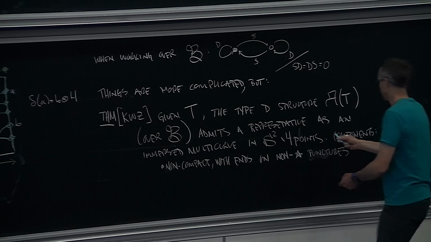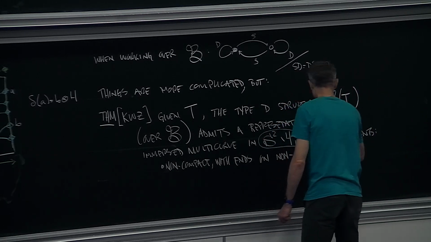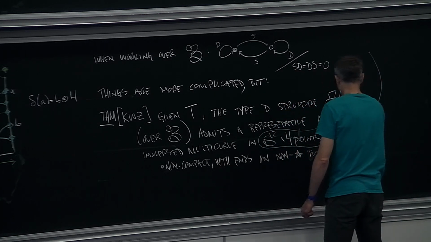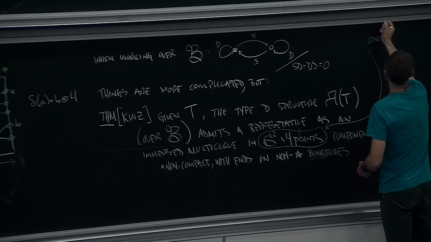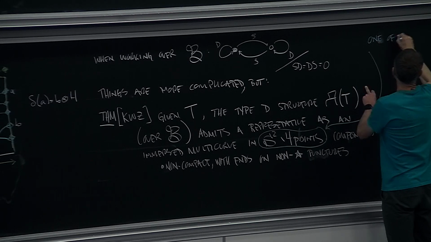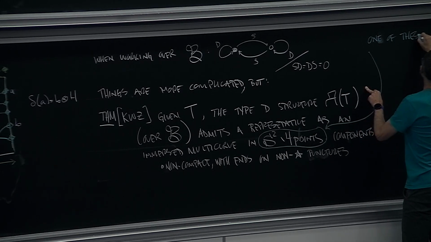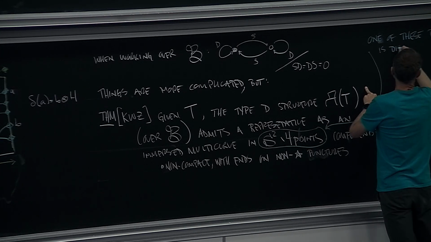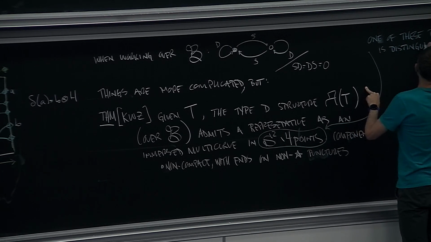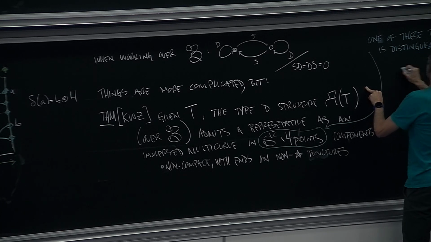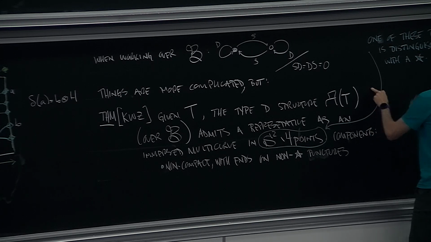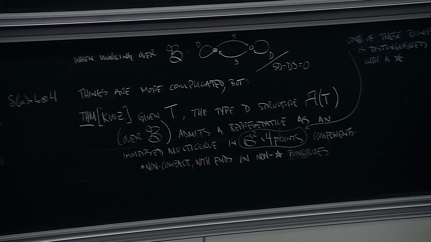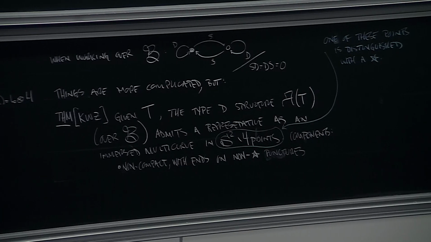Crucially here, let's remember that one of these points is distinguished with our choice of mark, the star. So one point is a priori special.